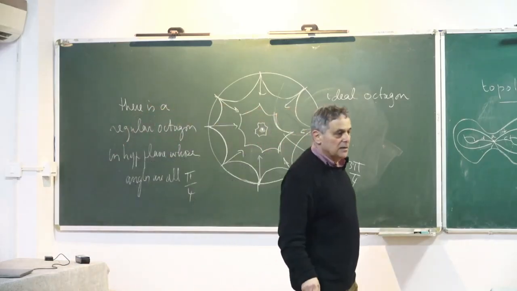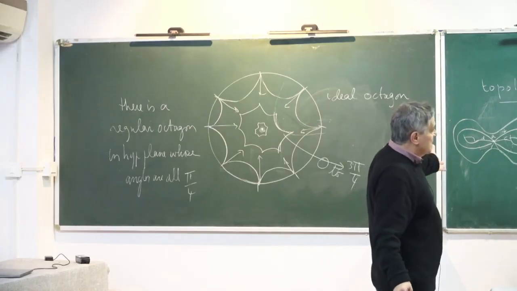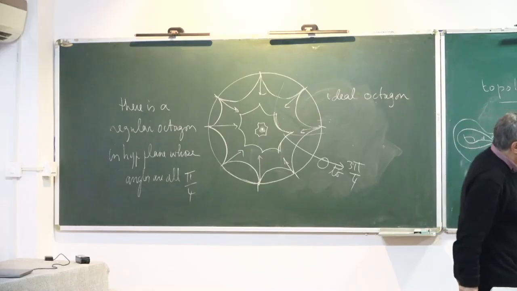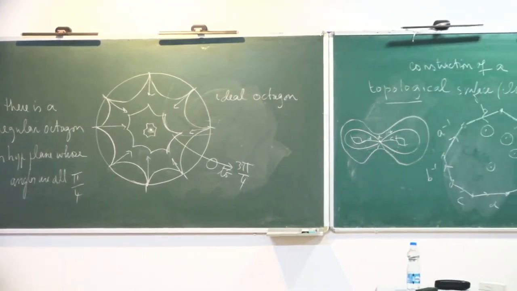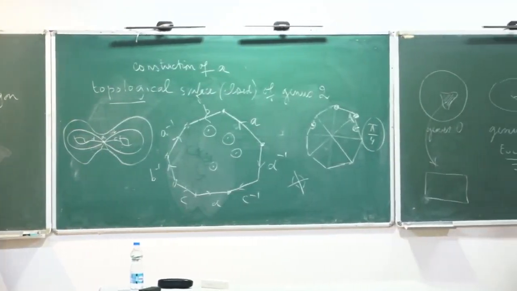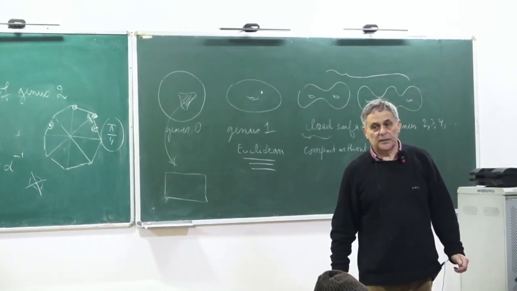Everybody agrees? And then I do this construction, and this is it. I find a hyperbolic metric on a closed surface of genus 2. Right?